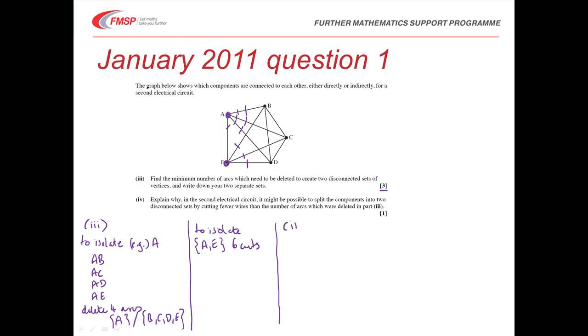On to part 4. Explain why in the second electrical circuit it might be possible to split the components into 2 disconnected sets by cutting fewer wires.